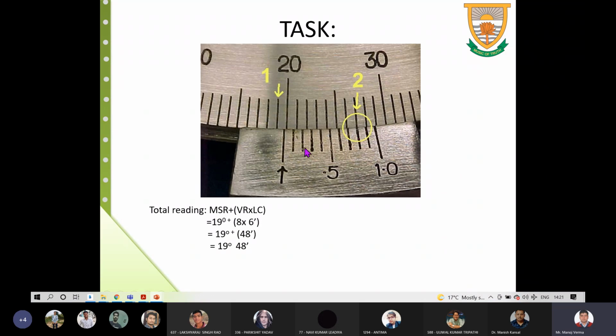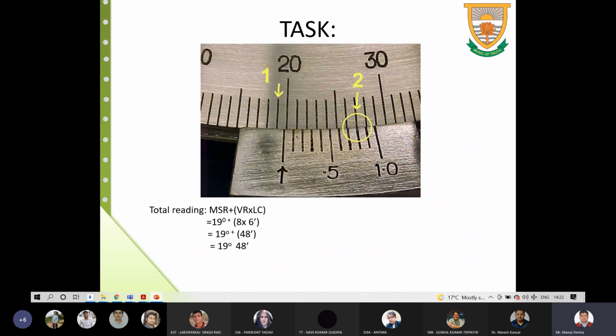So you can see 1, 2, 3, 4, 5, 6, 7, 8 is matching exactly with the main scale reading. So the vernier reading is 8 and the least count was 6 minutes. So the vernier scale reading is 8 into 6 minutes, that is 48 minutes, and the total reading will become 19 degree 48 minute in this case.